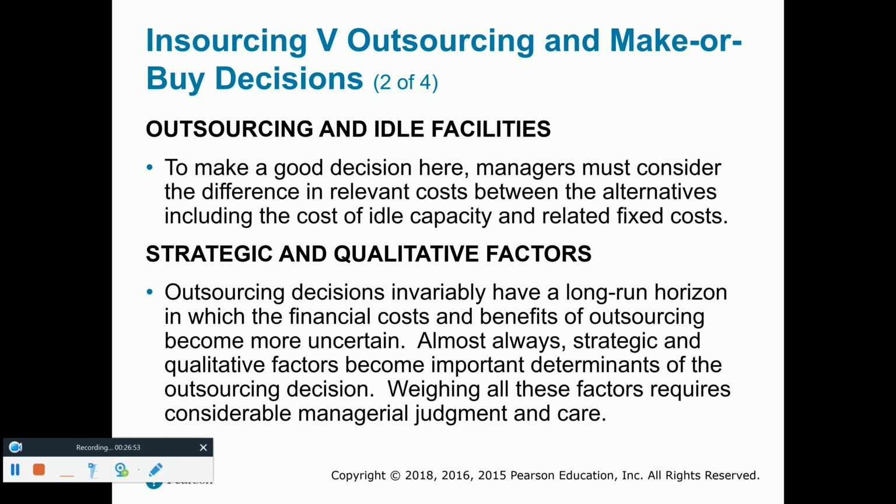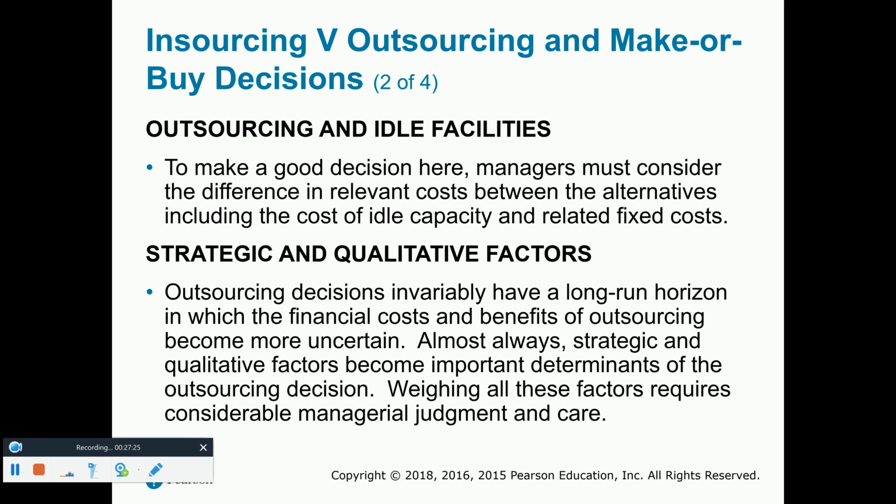Okay, so when we outsource, all of a sudden we have an empty facility. So in the same decision, if we outsource, yes, we have the costs to outsource it, but now we can utilize our facilities for something else. And if we can utilize our facilities to make a profit on something else, we need to consider that quantitatively within the decision-making process.